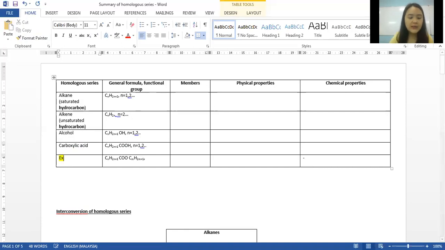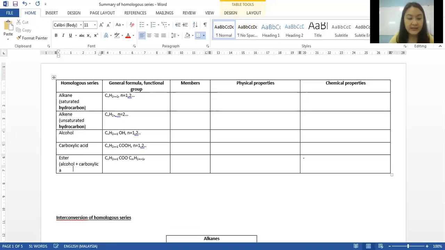And the last homologous series that you learn is called ester, which is also a non-hydrocarbon due to the presence of oxygen. Ester is formed when alcohol reacts with carboxylic acid.